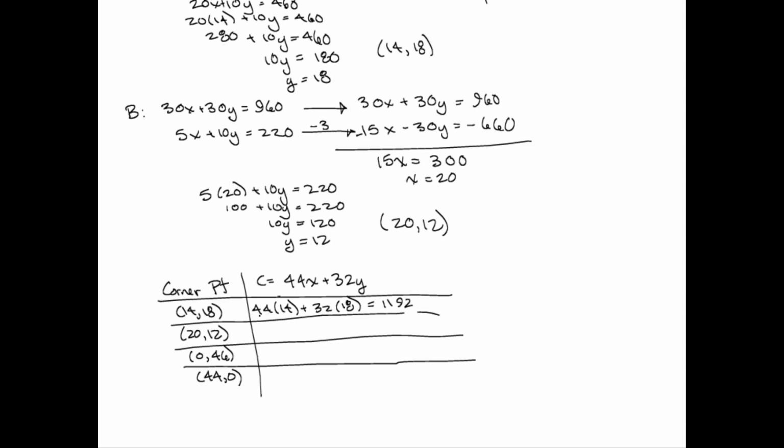And then for the ordered pair 20, 12, 44 times 20 plus 32 times 12. Make sure you calculate along with me. You should get 1264.